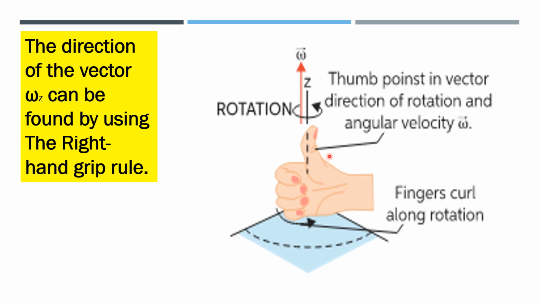In other words, the direction of the angular velocity must be towards the direction denoted by the z-axis.